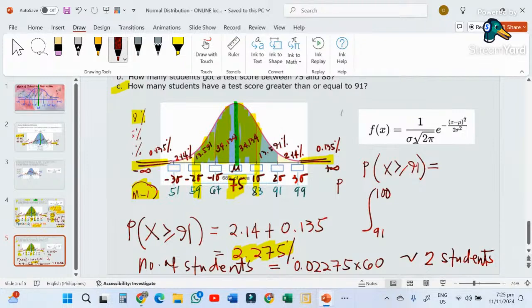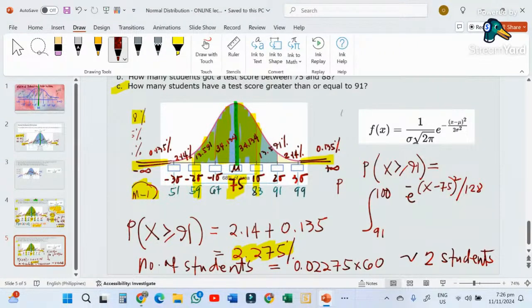Or if they will be in whole numbers, of course, you jump into 92 straight away up to 100. So let's put in the formula here again. Once again, you have an e to the minus, X minus 75, that's the mu, squared, divided by the exponent, sigma is 8, 8 squared is 64, 64 times 2, that will be 128.